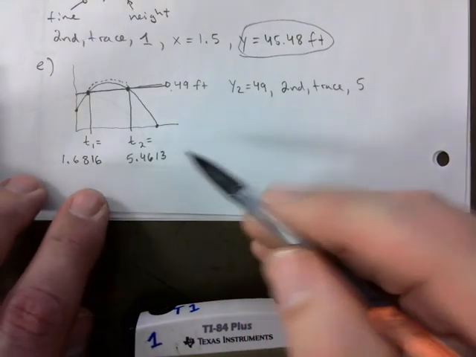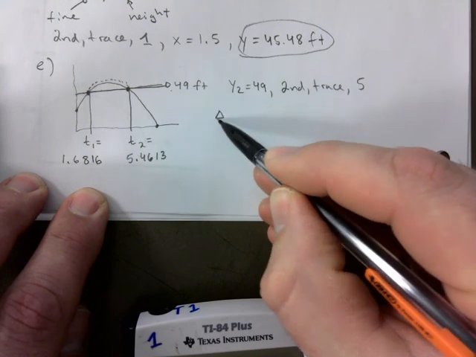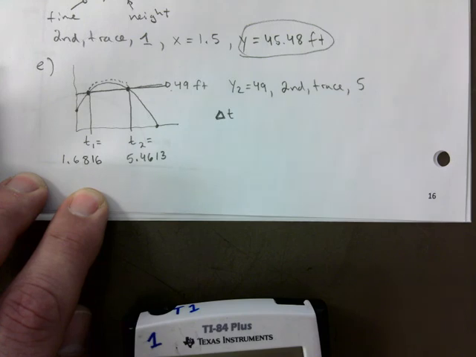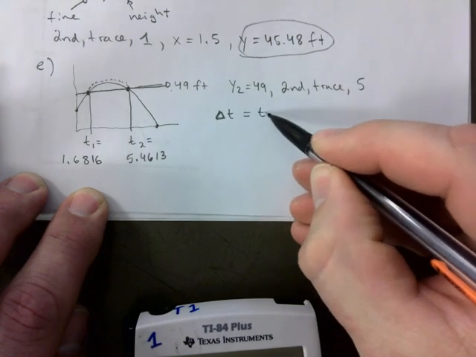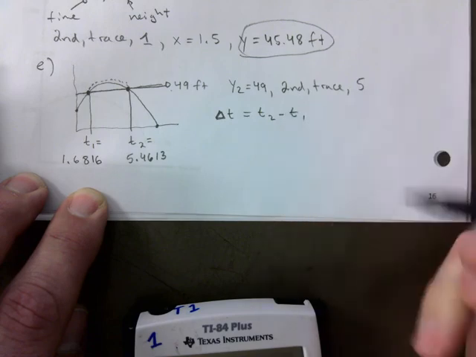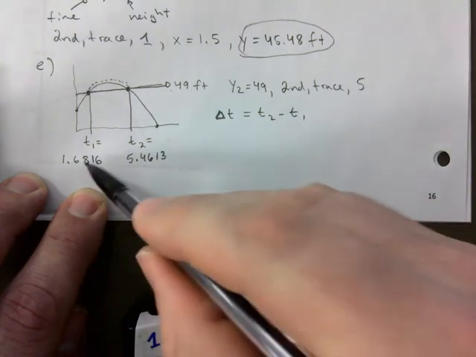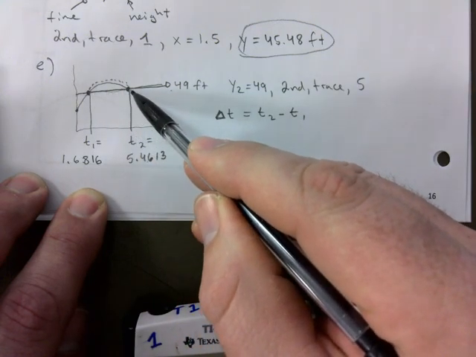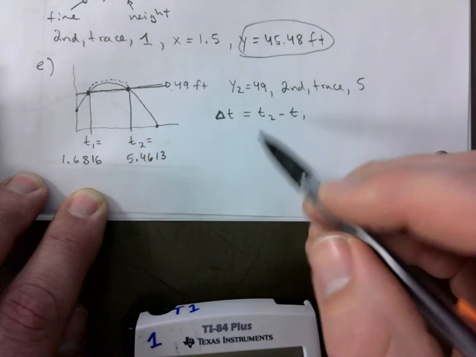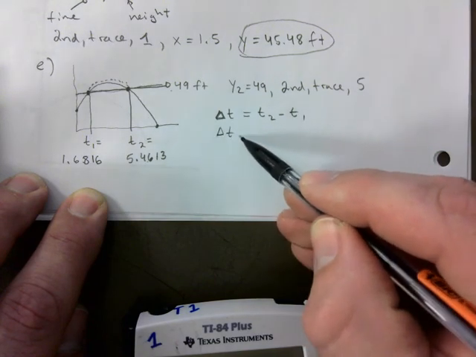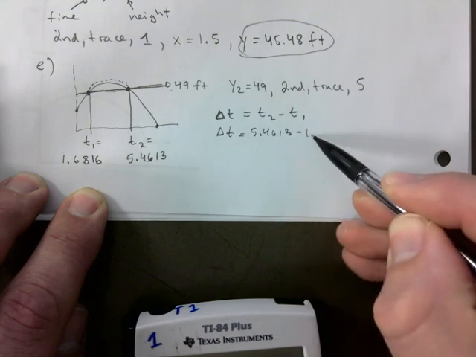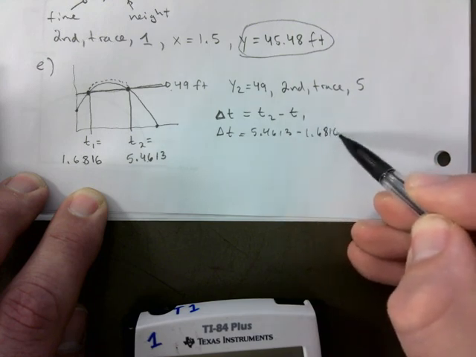Okay? But it's delta time that you need to find. Delta, I'm sure you've seen that in science, or it's the difference. Delta is the difference, right? So we're going to go time 2 minus time 1. If we subtract these two times, we find out how many seconds, in this case seconds, right? That ball remained at or above 49. So we're going to go 5.4613 minus 1.6816.